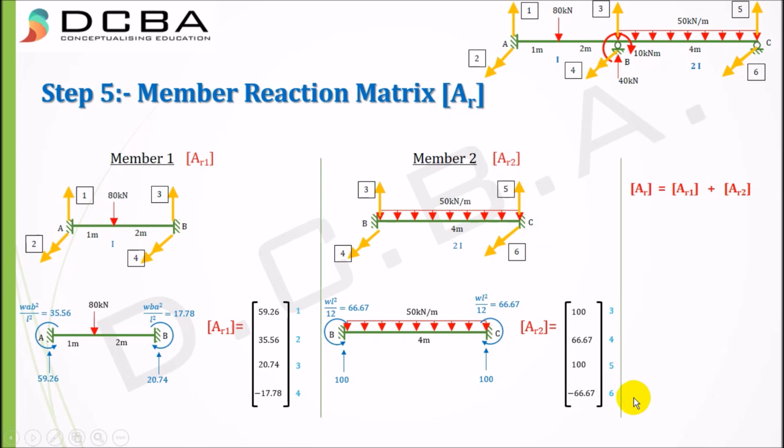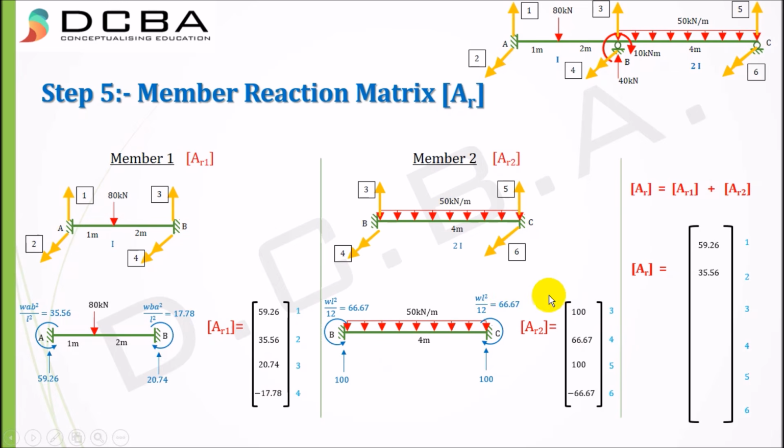Now we need to add both these, and the final AR matrix would be a 6 cross 1 matrix. The first element will be 59.26, second is 35.56, third is common in both matrices, that is AR1 and AR2, therefore we need to add them.